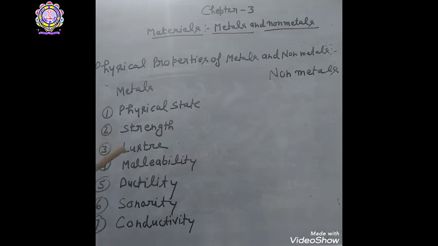The next property of metals and non-metals is luster. Luster means shininess and brightness. Most metals can be polished to give a characteristic metallic luster. For example, gold, silver and copper all have luster. They have the ability to shine and reflect light.